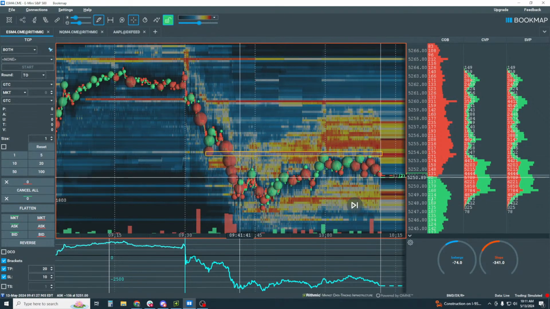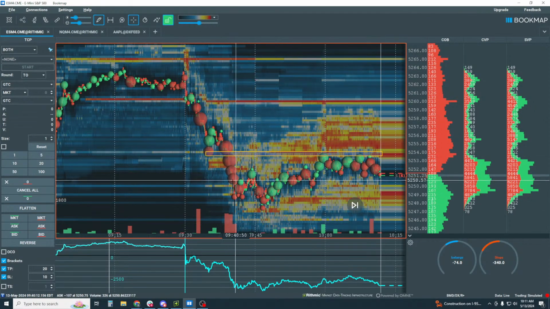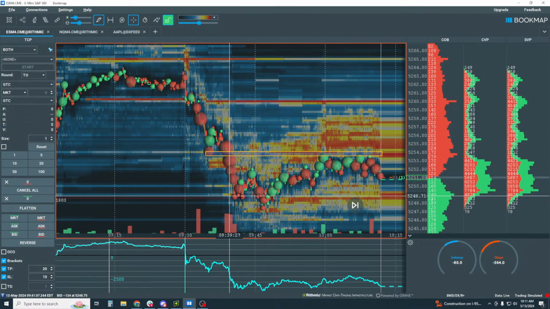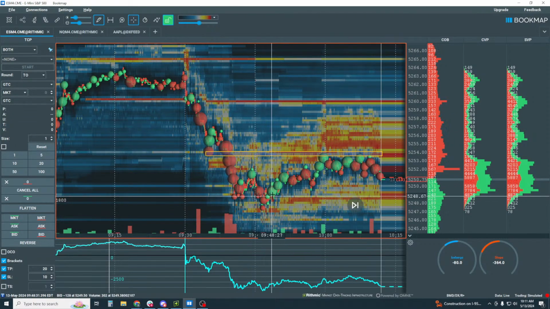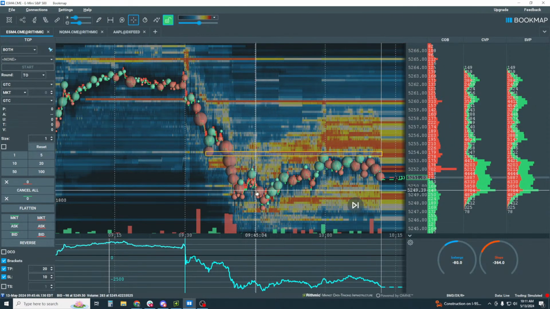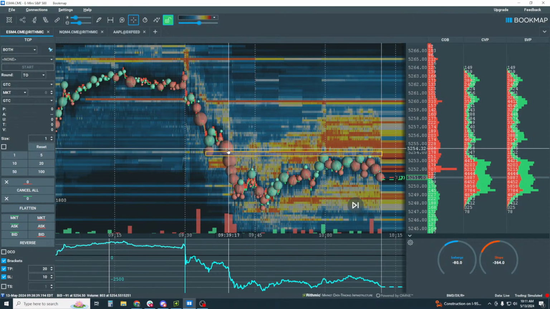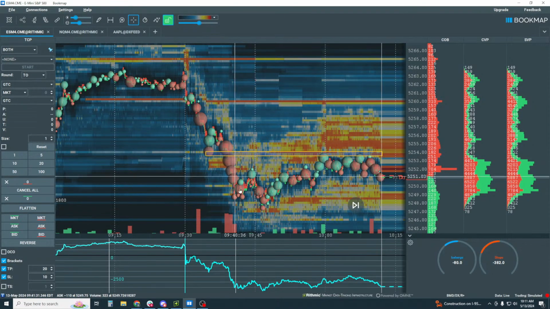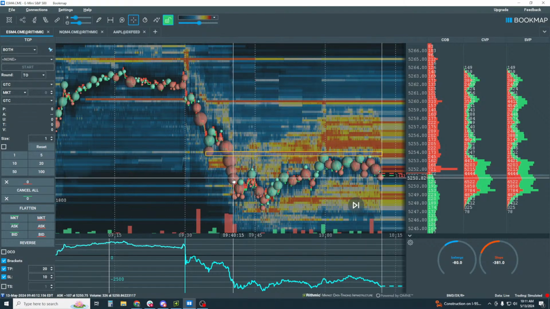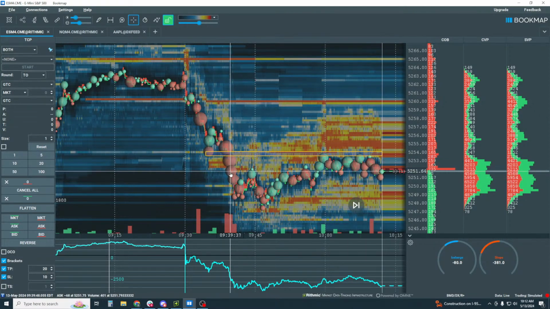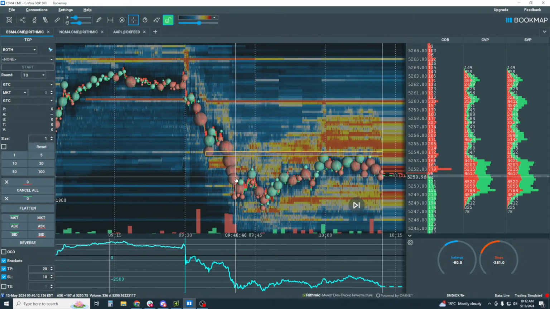Now, what do we see down here at the low here, the cash session here? Well, I don't see big sell orders down here. Okay, the red dots, market sell orders hitting the bid. These are the aggressors. These are the traders that actually move price.